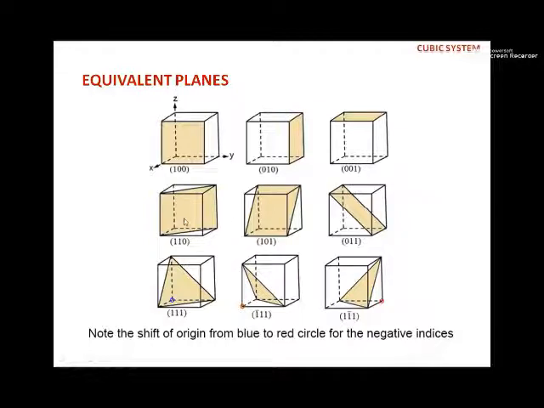These are all obviously family of planes of these classes. Again, 1 1 1, 1 bar 1 1, and 1 1 1 bar, these are also the same family of planes. Now this blue line represents the positive shift, and this red line represents the negative shift of this plane or the family of planes.